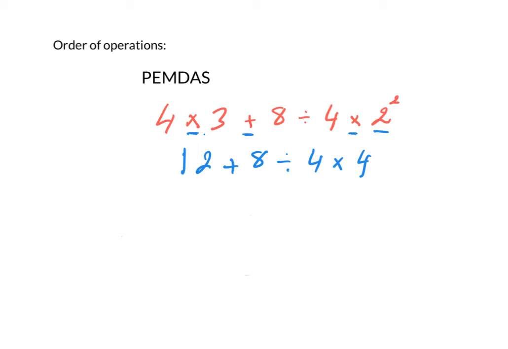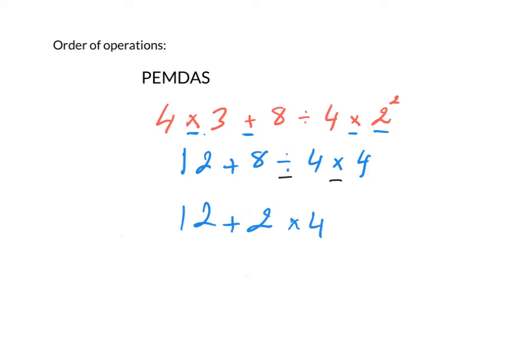Now, next step, I have addition here, and division and multiplication. Since we have division first from the left, the priority will be given to the division. So we're going to have 12 plus 8 divided by 4, that would be 2, times 4.